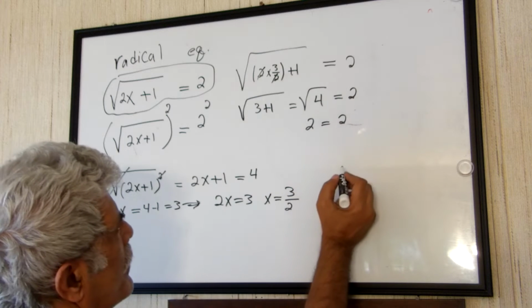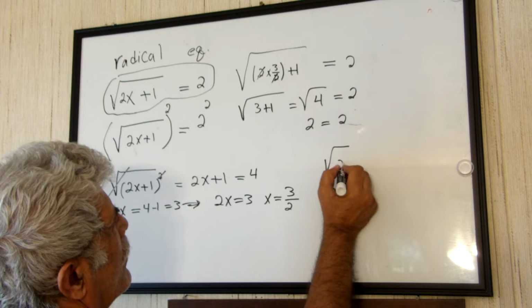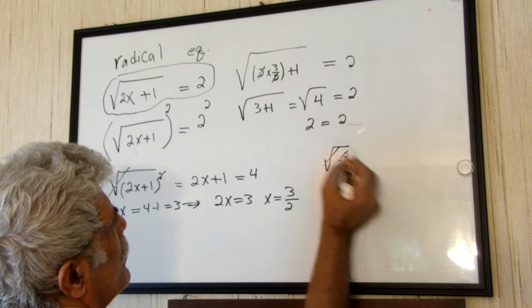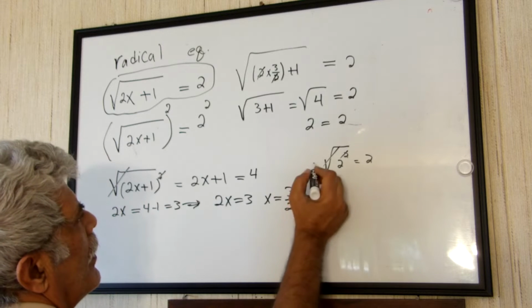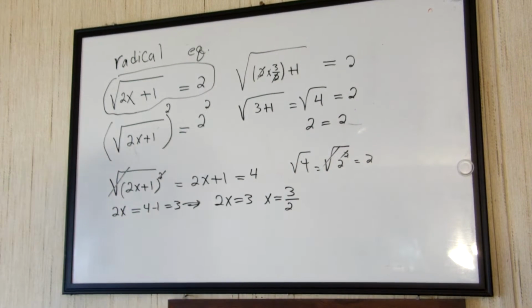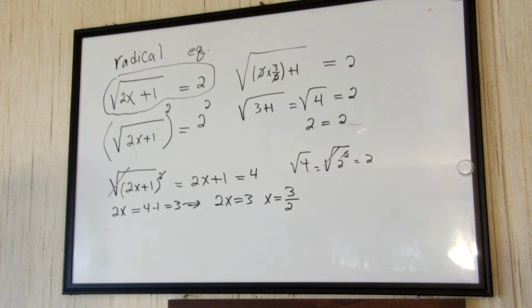What is happening here is the square root of 4 is 2 to the power of 2 under the root, so this cancels out, and it's going to be 2. This way you solve this radical equation.